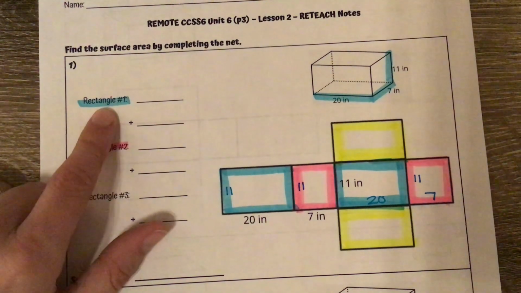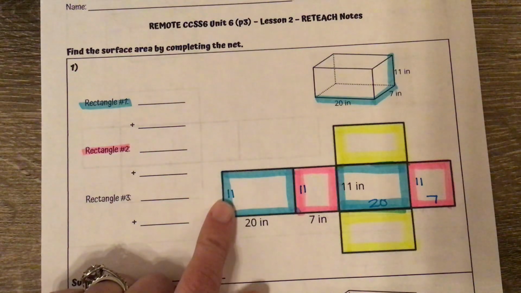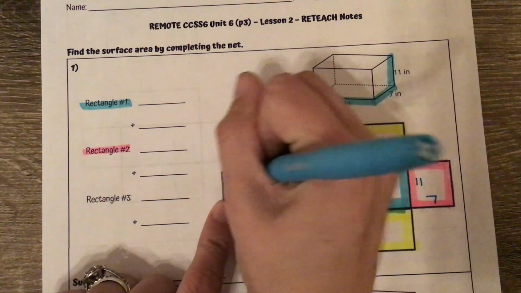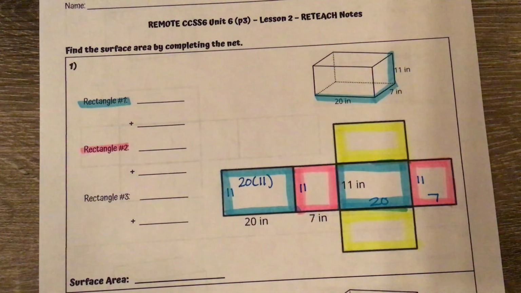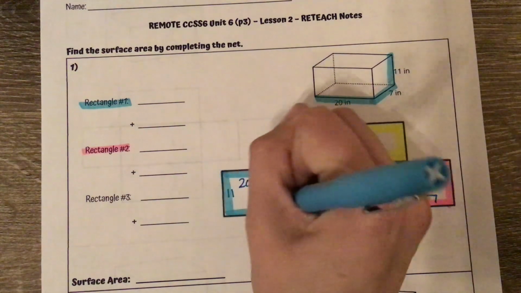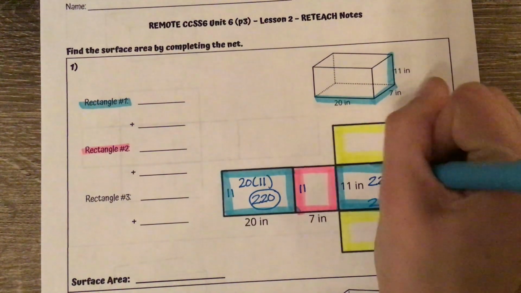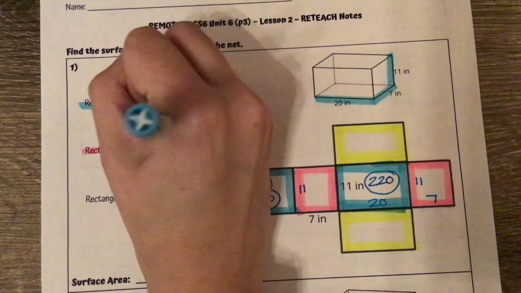So for my rectangle number 1, which we did in blue, we have a base of 20 and a height of 11. So I'm doing 20 times 11, which is going to give me 220. So that means both of these blue rectangles here are 220, and I'm going to list them right here.